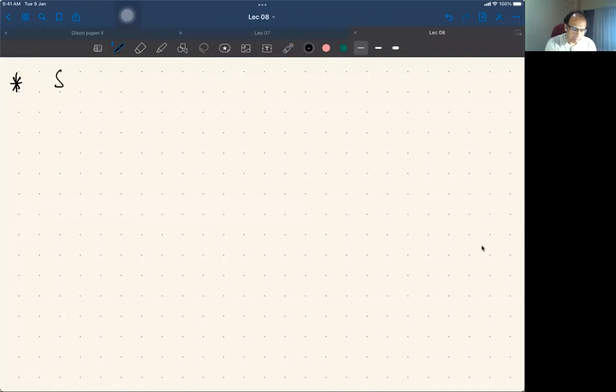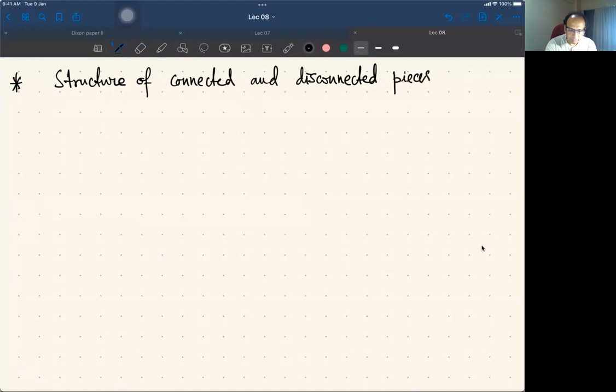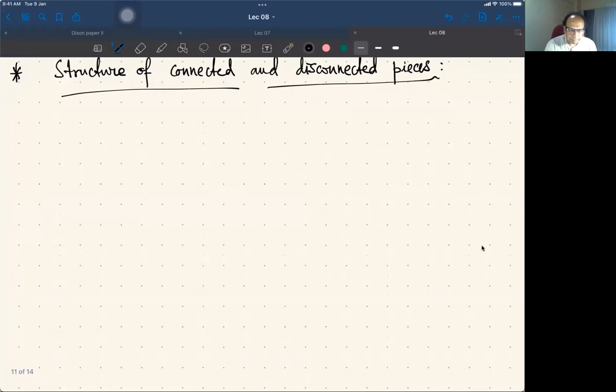Structure of connected and disconnected pieces. Recall that in the free theory, we had disconnected graphs.